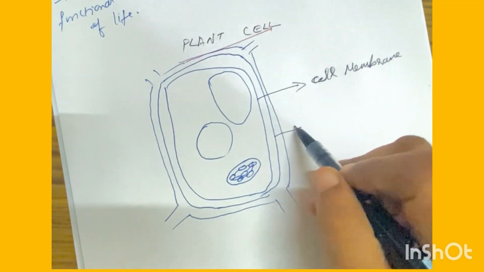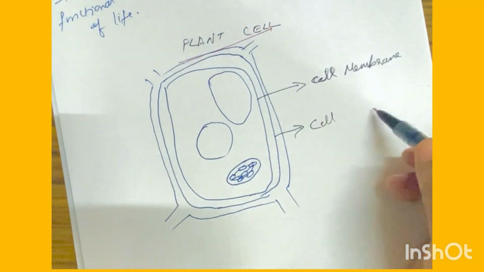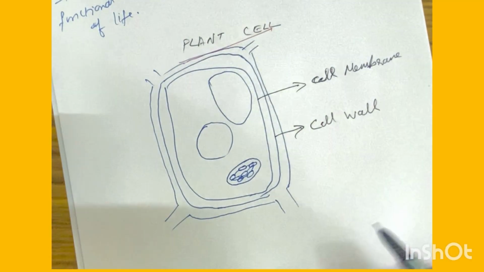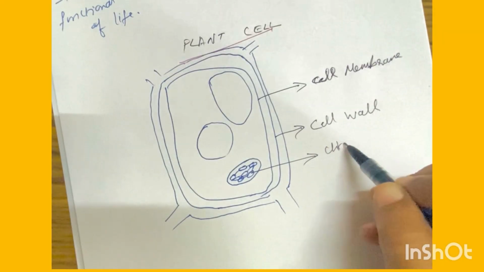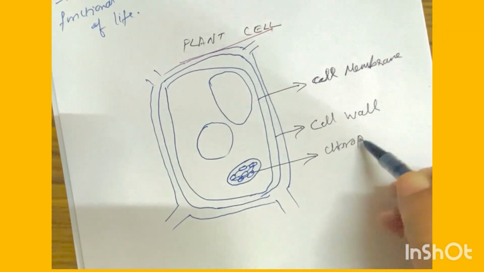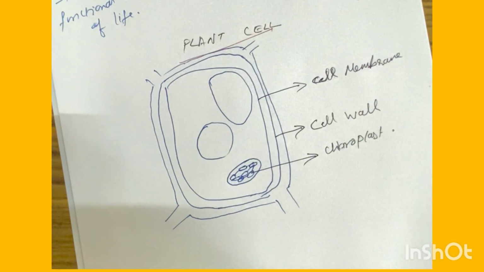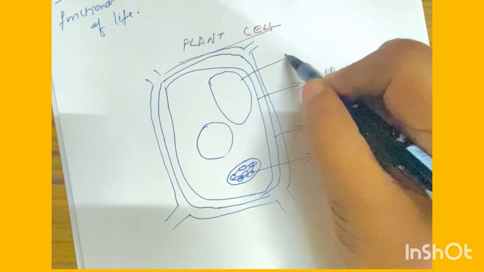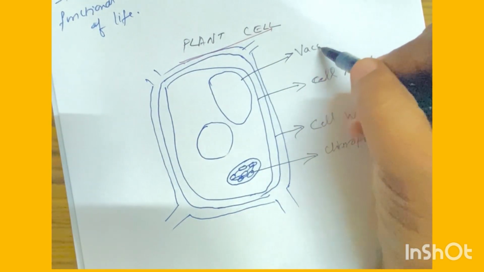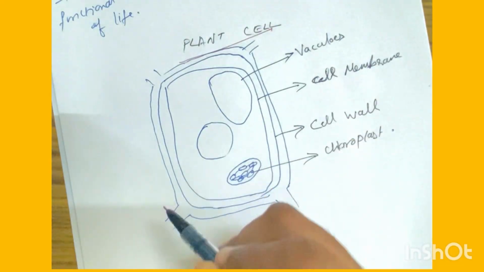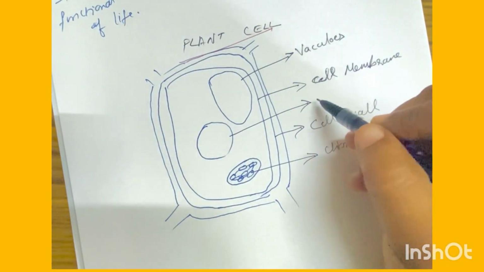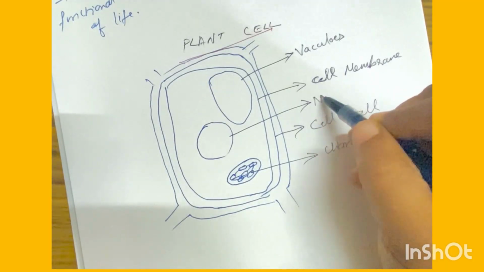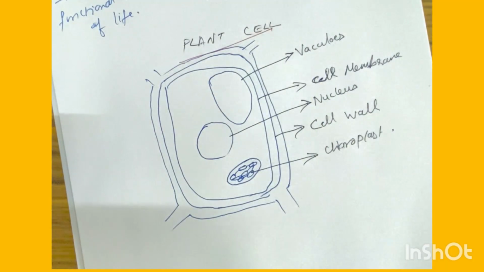This becomes your cell wall. This is your chloroplast. And this one is your vacuoles. And of course, the one left out, the major brain of a cell, the nucleus.